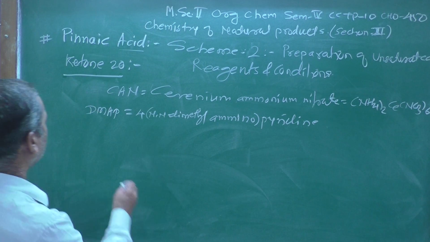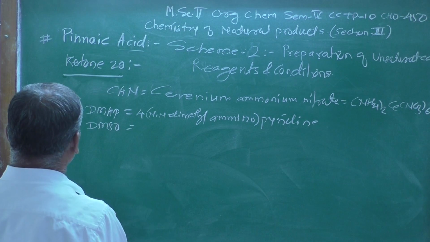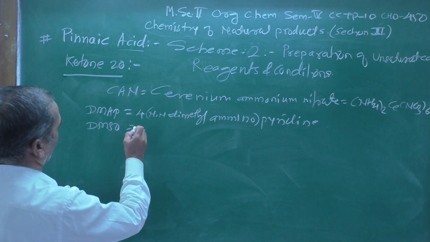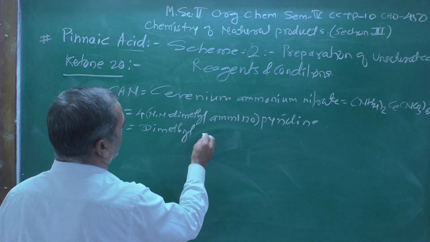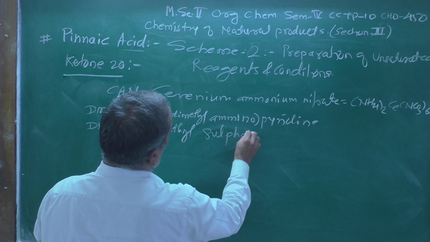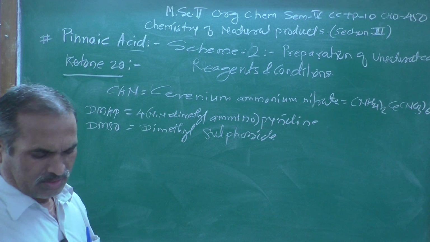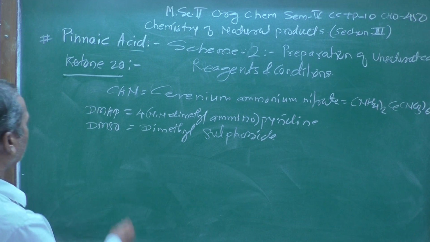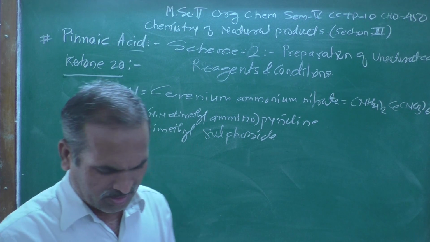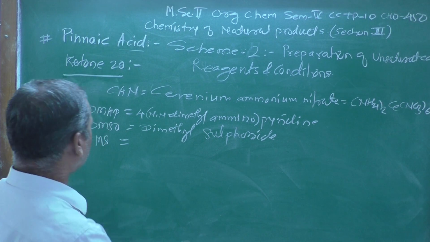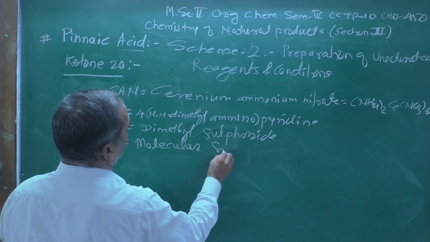Then another short form used is DMSO, that is dimethyl sulfoxide. Another short form used is MS. MS is nothing but molecular sieves.